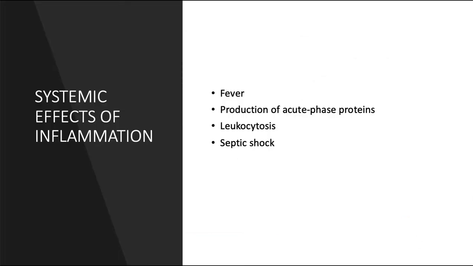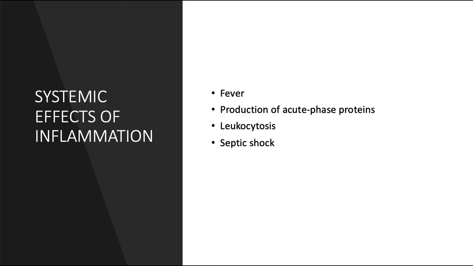We discussed the systemic effects of inflammation, and it was mentioned the importance of fever, that is a product of cytokine stimulation in the hypothalamus, and production of acute phase proteins including C-reactive protein and others, synthesis stimulated by cytokines acting on liver cells.